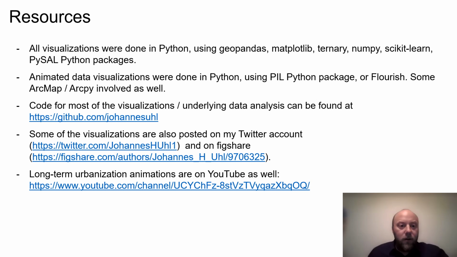Okay, then here are a few resources. All the visualizations that you've seen, or most of them, were done in Python using a couple of different libraries. Data animation was also mostly done in Python. Some of them were done in Flourish, which is a web-based visualization tool.